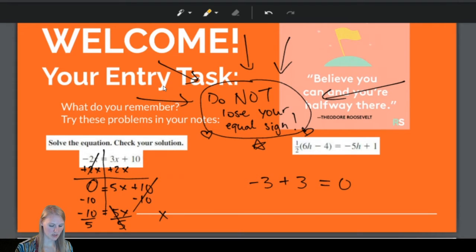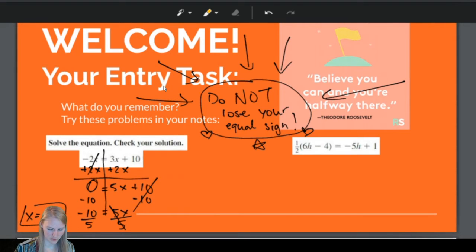And x equals, let's see, negative 10 divided by 5 is negative 2. And that's a little hard to read over there, so let's write it over here. X equals negative 2. All right, remember, it says to check your solution, so you definitely want to check your solution, but we're going to skip it for the sake of time because you know how to do that.